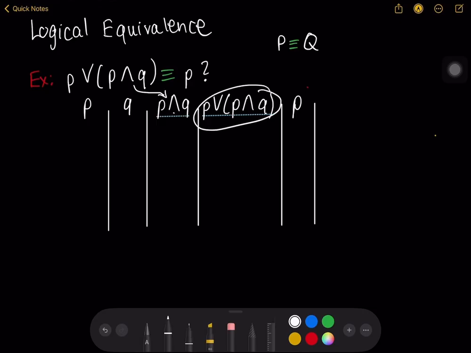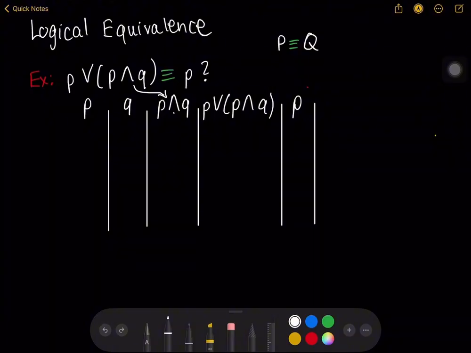This whole thing over here is just the first term, the left side of our statement, and this P over here is just our P, the right side of our statement.